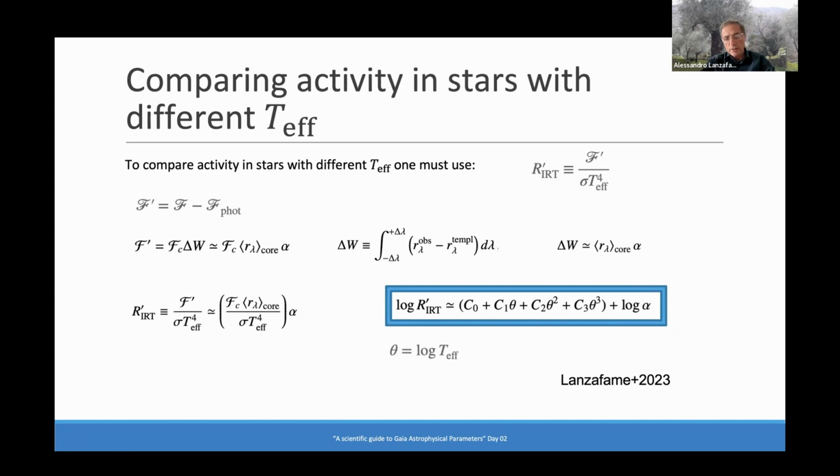So we provide the raw quantity and a recipe for computing an index that can be used for comparing in a large range of effective temperature. But of course, if the user wants to do something else, they have the raw quantity and can do something different from what we provided.